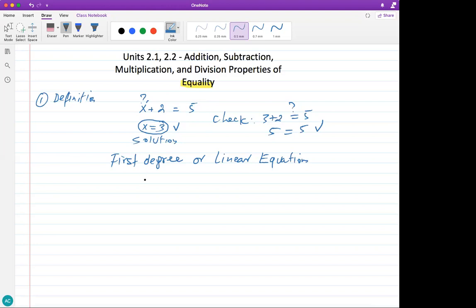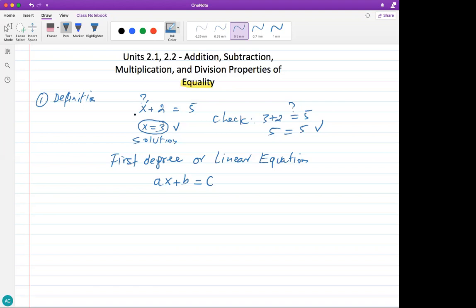Okay, and in general, there's always an x, like I said, and there's an equal sign. That x is to the first power. It might be one x or maybe multiple x's here and here, but it's always in this form. So we have some number here, maybe some number here, and some number on the other side. So something like ax plus some number equals some number on the other side, just like here.